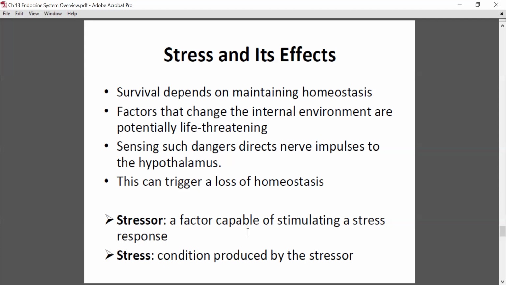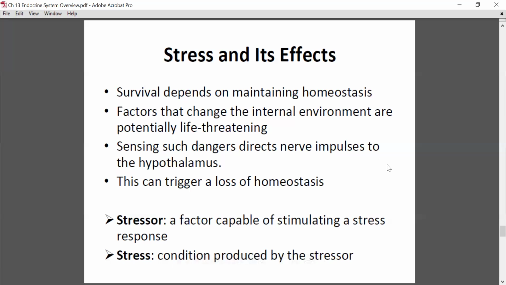Sensing these dangers will direct nerve impulses to the hypothalamus. This will trigger a loss of homeostasis, right? So again, any kind of change in the body can change homeostasis, and your body wants to get back to homeostasis as soon as possible, and it knows that it's outside of homeostasis by this trigger.